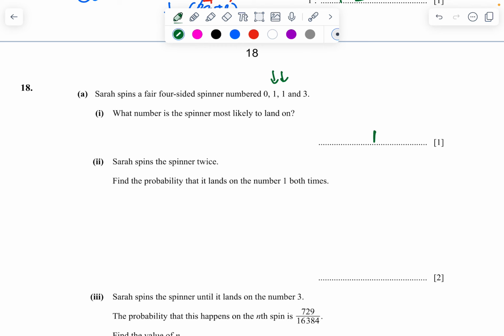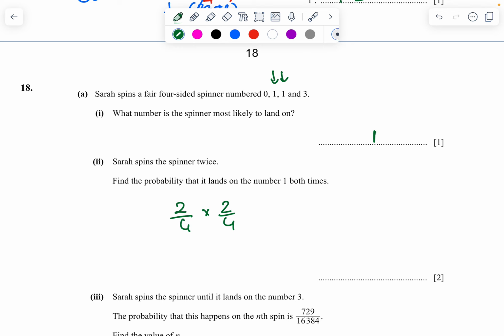Sarah spins the spinner twice. Find the probability that it lands on number 1 both times. So the first time is 2 upon 4, and the second time is also 2 upon 4. So it's going to be 2 upon 4 times 2 upon 4.